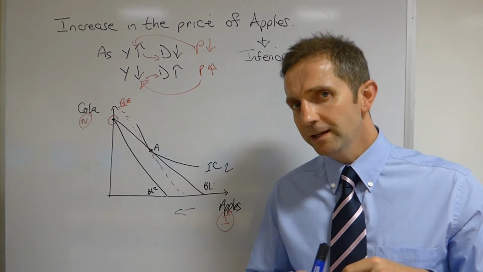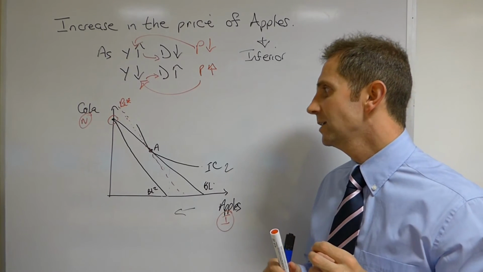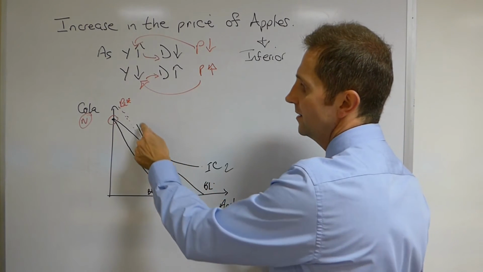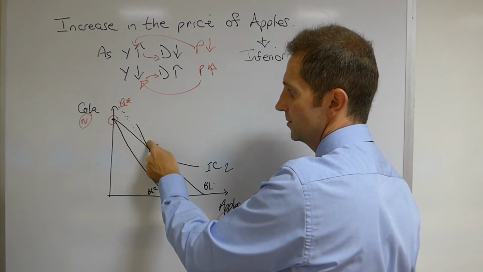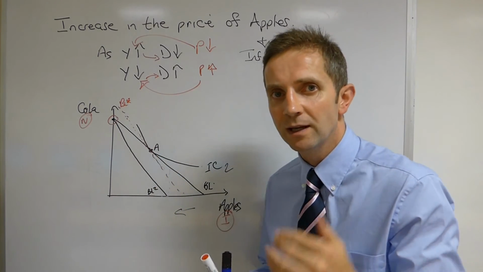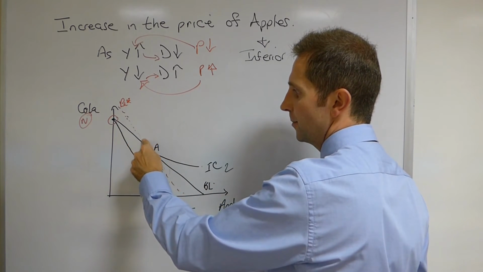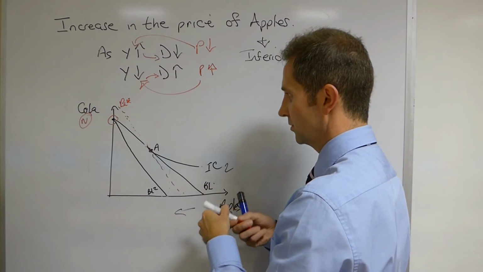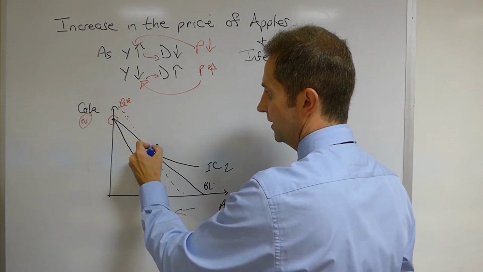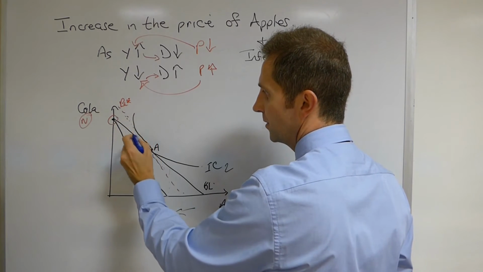Now you can see on this that I need this part of the indifference curve to be shallower. And so I'm just going to take that part out, and I'm going to redraw it so that it's tangential around this point here.